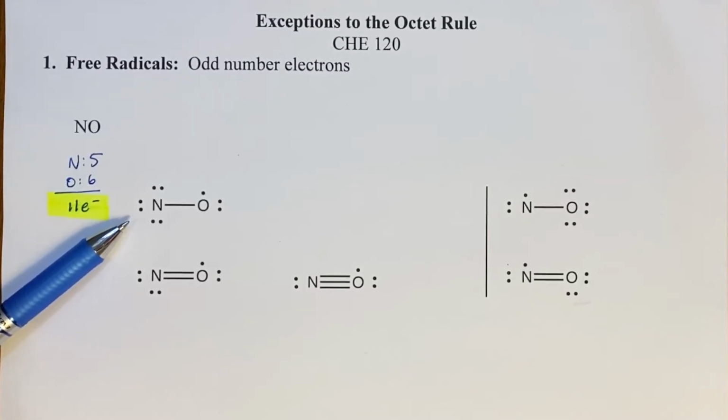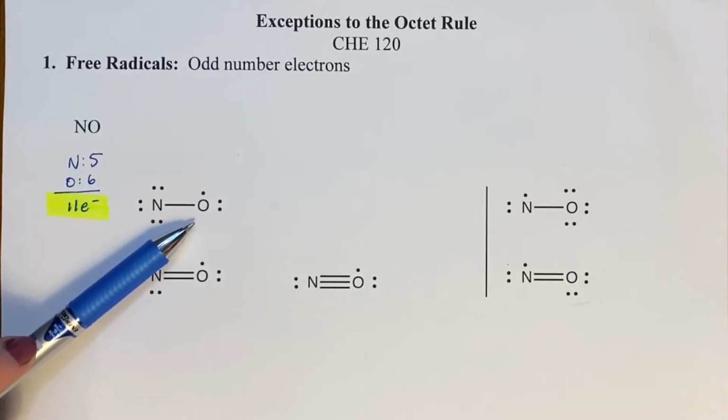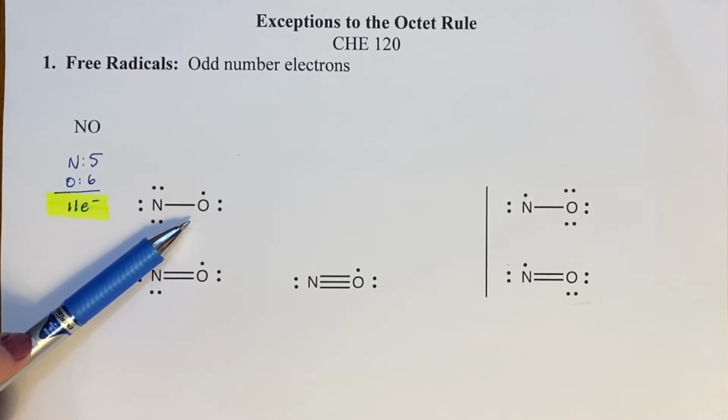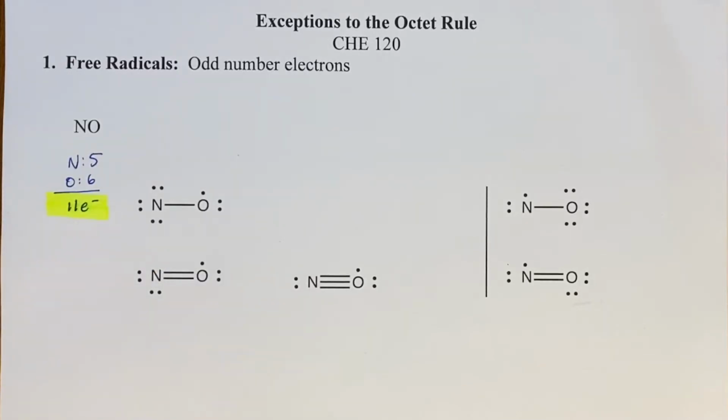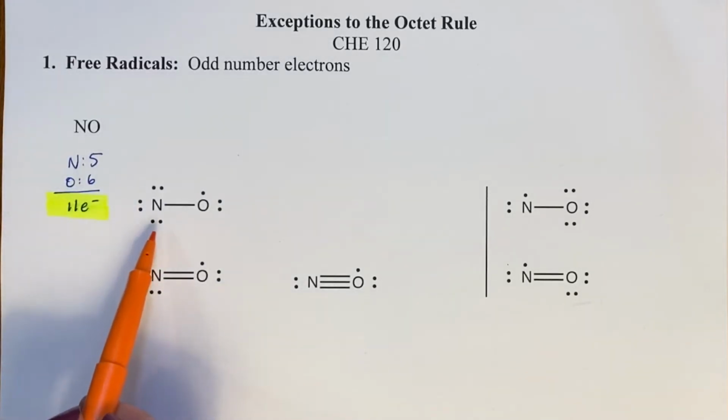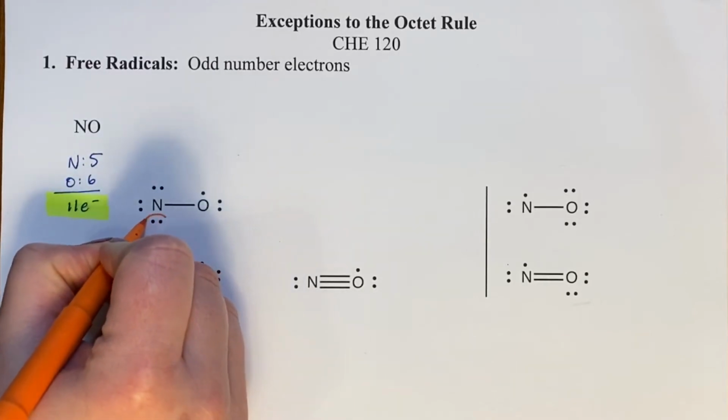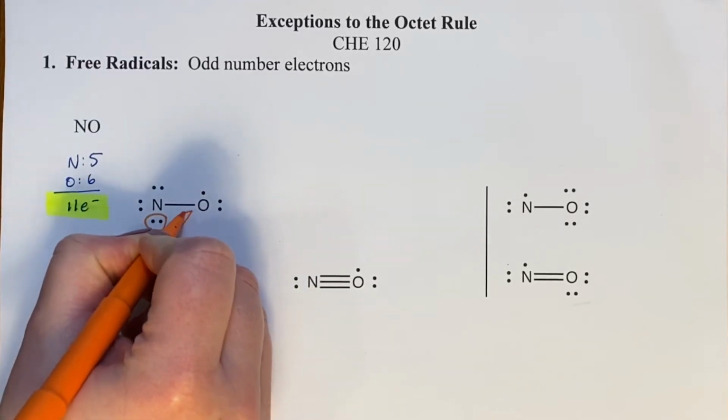Now as I look at my atoms, my nitrogen has an octet, my oxygen does not have an octet. So I need to do what I did when drawing Lewis structures with central atoms: look to my outer atoms for additional lone pairs that I can share. In this structure, I'm going to look to my nitrogen for additional lone pairs to share, and I'm going to take this lone pair and give it to the oxygen.